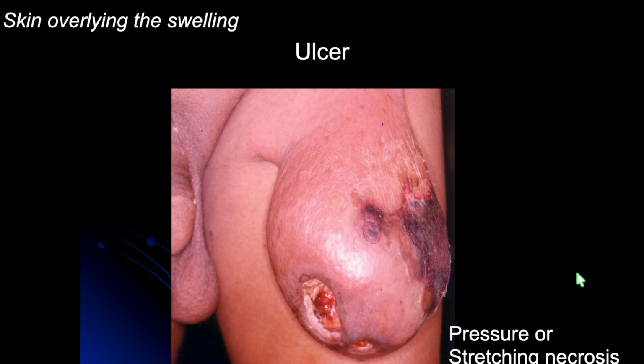This is a big pedunculated lipoma on the left thigh. You can see a patch of necrosis here. On separation of this patch, an ulcer will become evident like this. By the way, a swelling, the overlying skin on which gets ulcerated, is called ulcerated swelling.